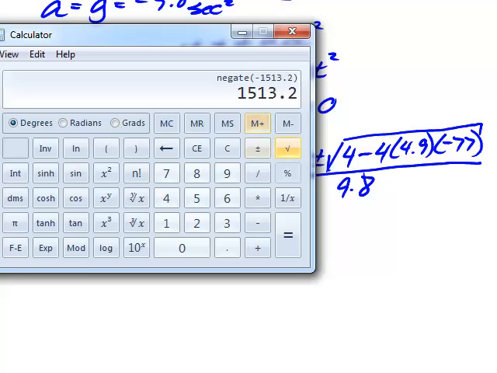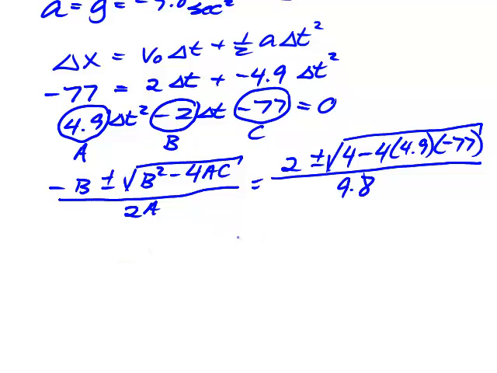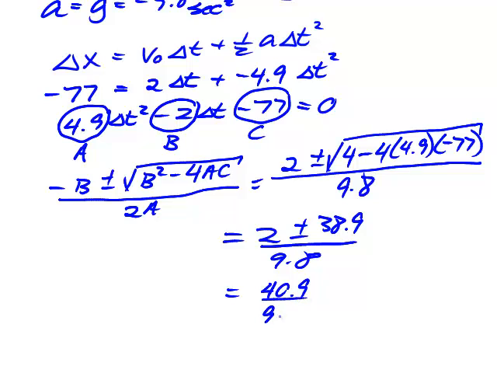We're going to take the square root of that, and that gives us 38.9 or so. So we have 2 plus or minus 38.9 all over 9.8. So we have 40.9 over 9.8, or negative 36.9 over 9.8.